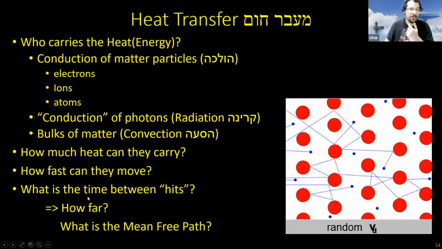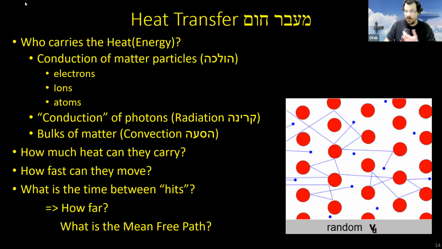And what's the mean free path time? How long in time one of these particles can move before it hits something and gets scattered, absorbed, or in other ways disappears, or is distracted from carrying its energy. And in terms of distance, how far it can get. What is the mean free path for our energy carriers or heat carriers?